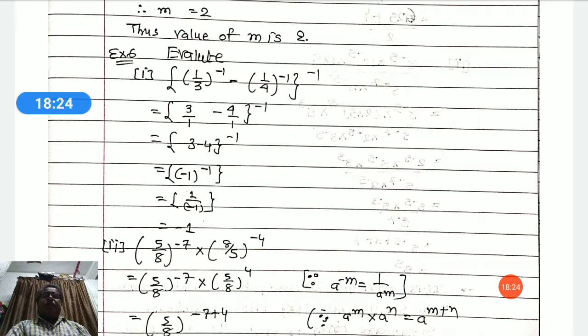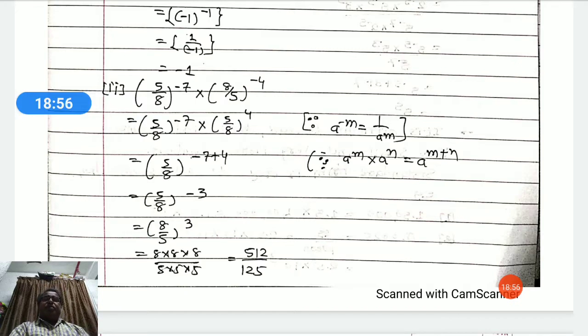So in curly bracket 3 divided by 1 minus 4 divided by 1 bracket over raised to minus 1 is equal to, in curly bracket 3 minus 4 curly bracket over raised to minus 1 is equal to, in curly bracket minus 1 raised to minus 1 is equal to 1 divided by minus 1. We get the answer minus 1.